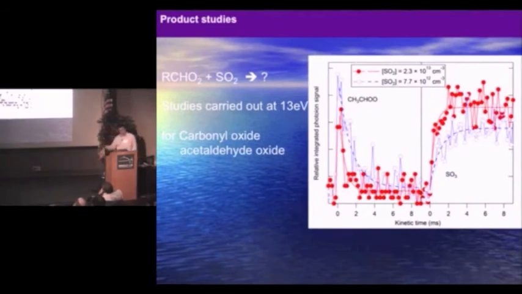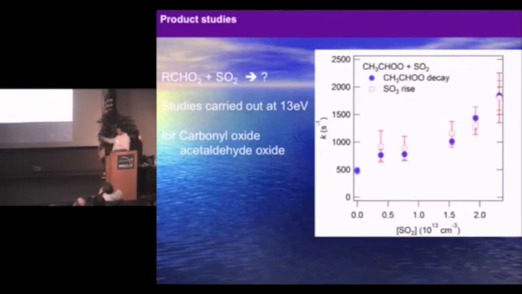We looked at the decay constants and the formation of these species and see, do we get the same rate constant? And in this case, no matter which way you're doing it, look at the SO3 rise or the decay, we get the same rate constant. That's pretty much saying that SO3 is going to be the product in this system, which is really good. So now we can actually say we produce SO3, and in the atmosphere, that will immediately convert, instantaneously as far as the atmosphere is concerned, into sulfuric acid.